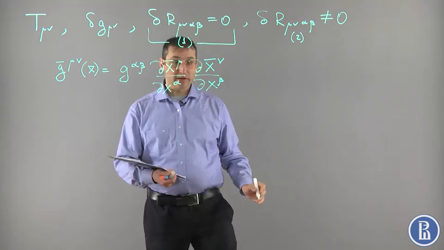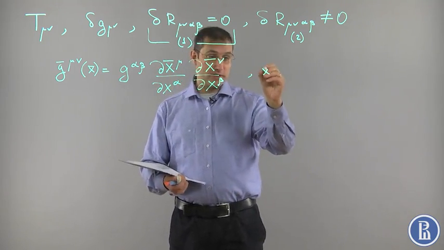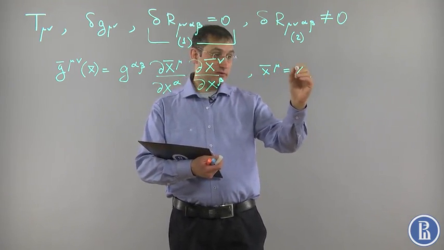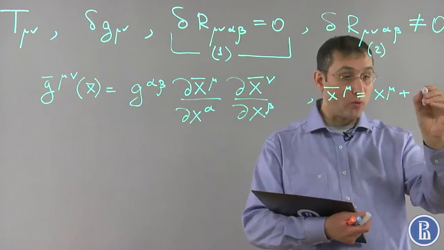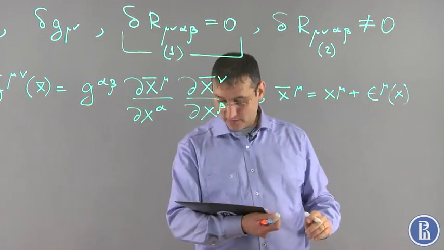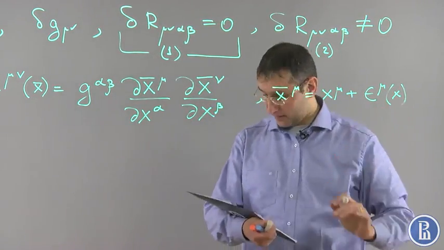So we want to consider the following transformation, that x bar mu is just x mu plus a small change of the coordinate system. This is a small vector field epsilon.